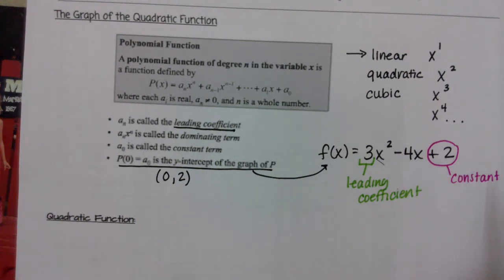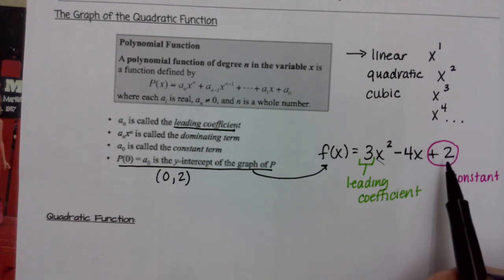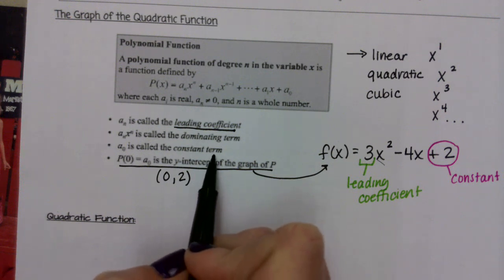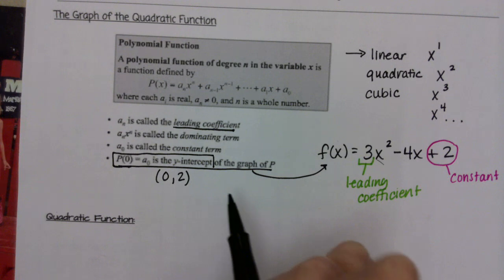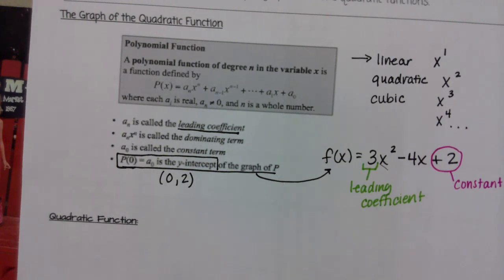So you're left with 2. For any polynomial function, this last term, this constant, will always be your y-intercept, (0, whatever the constant is).